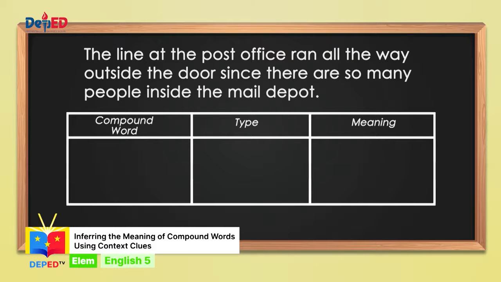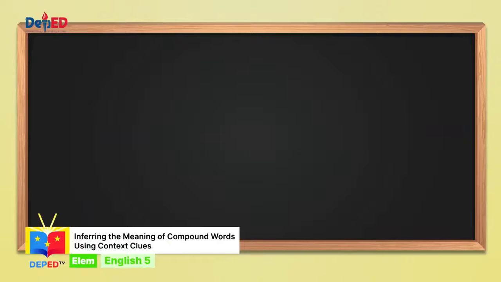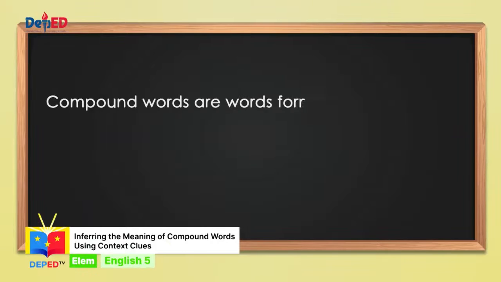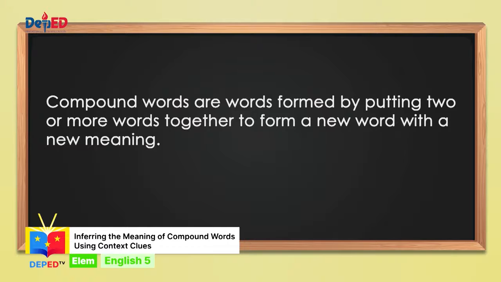The answer for number 4 is ice cream. Ice cream is an open compound word. Ice cream means dessert. The answer for number 5 is afternoon. Afternoon is a closed compound word. Afternoon means after lunch. Wow! Great job! Remember, compound words are words formed by putting 2 or more words together to form a new word with a new meaning.